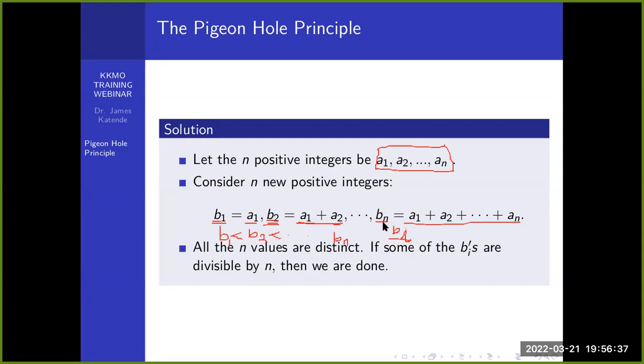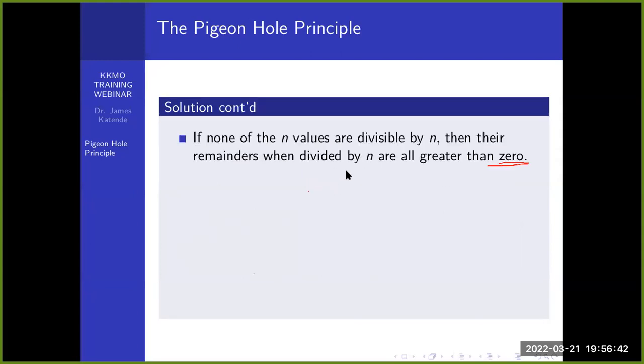So none of them is divisible. That means it's always possible to write, say, B1 as some multiple of n plus some non-zero remainder. Let's call the remainder R1. We write it as a multiple of n plus some non-zero remainder, because we have made the assumption that none of these B's are divisible by n.